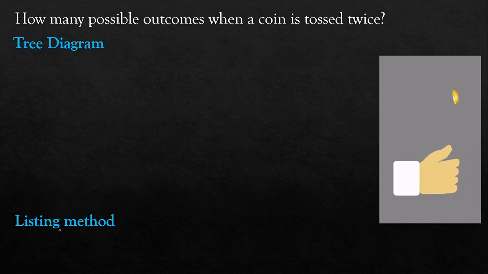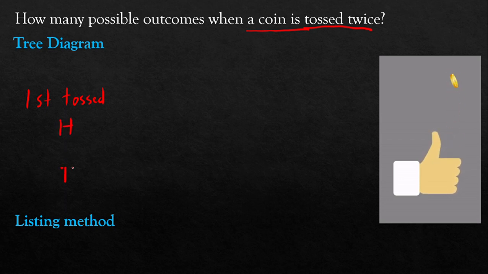Next, how about if a coin is tossed twice? Our experiment is toss coin, but you toss the coin twice. So let us use the tree diagram first. Our first toss is either heads or tails.